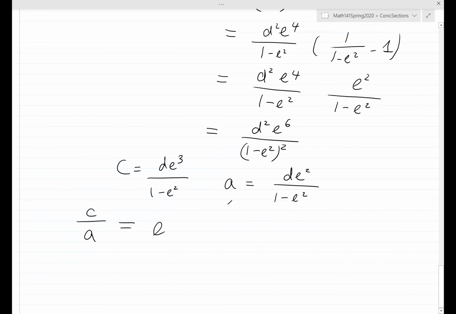This constant e is called the eccentricity. For the ellipse, this e is less than 1.